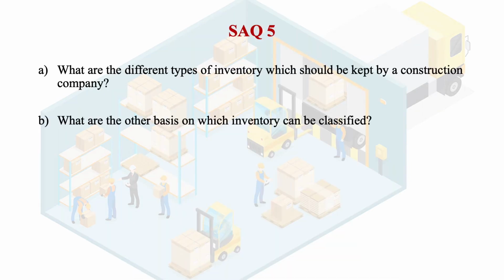You can visit any construction site and see what are the different types of stocks which are available and what are the bases on which inventory can be classified. I have given you one example. You may visit any construction site, you may have another type of classification that you should share with me also.